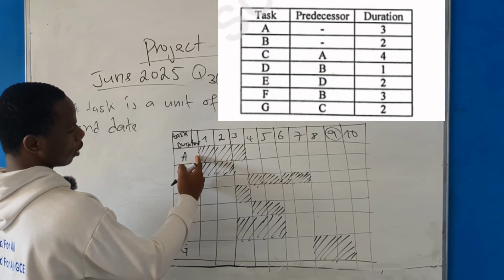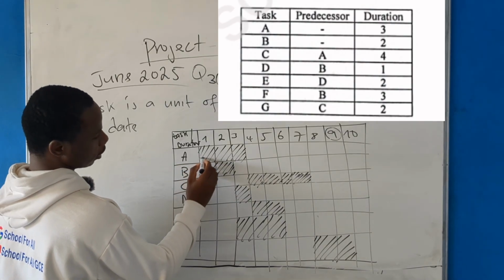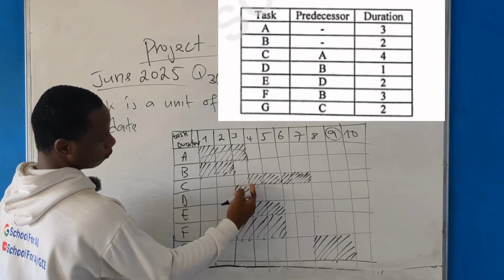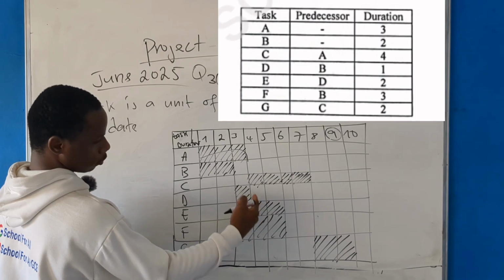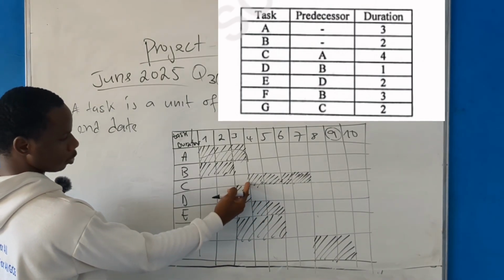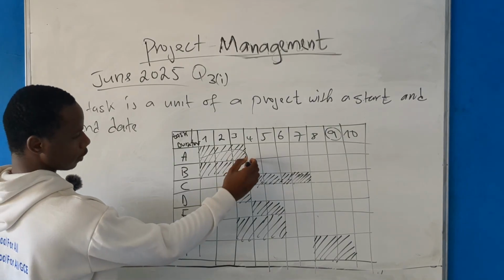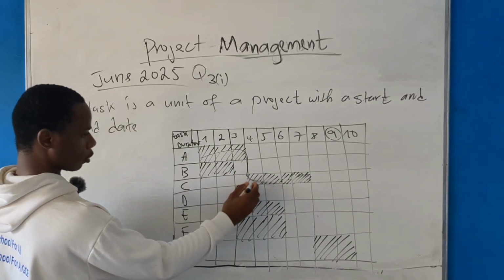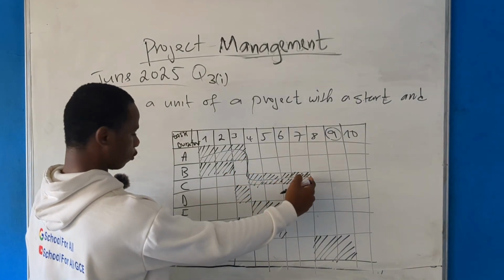So the critical path here we have A. So let us analyze, this is A. Good. So after A, the next task depending on A, we have E that depends on A, and we have C that depends on A. But if I take C, good. After C, is any other task depending on C?